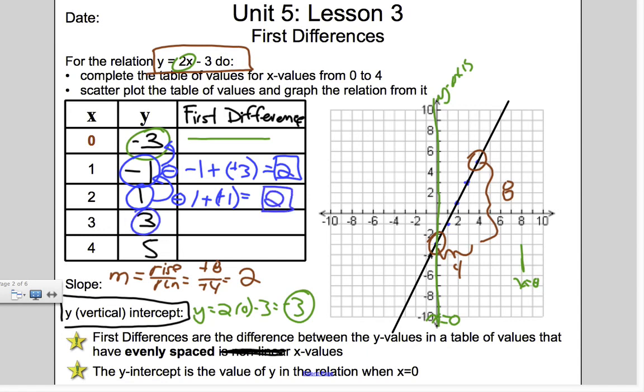And for this row, it's 3 minus 1. That gives us 2. And here we got 5 minus 3. And that gives us 2. So that's our first differences. So that's what those are.